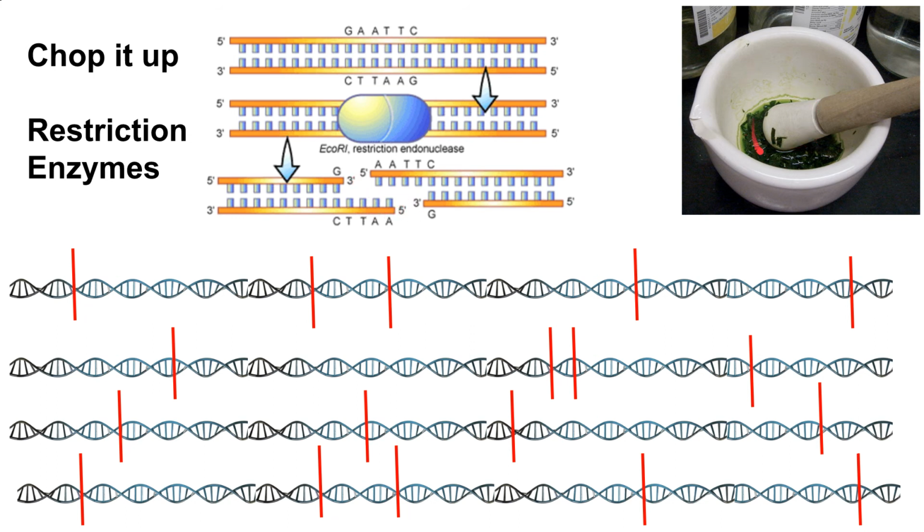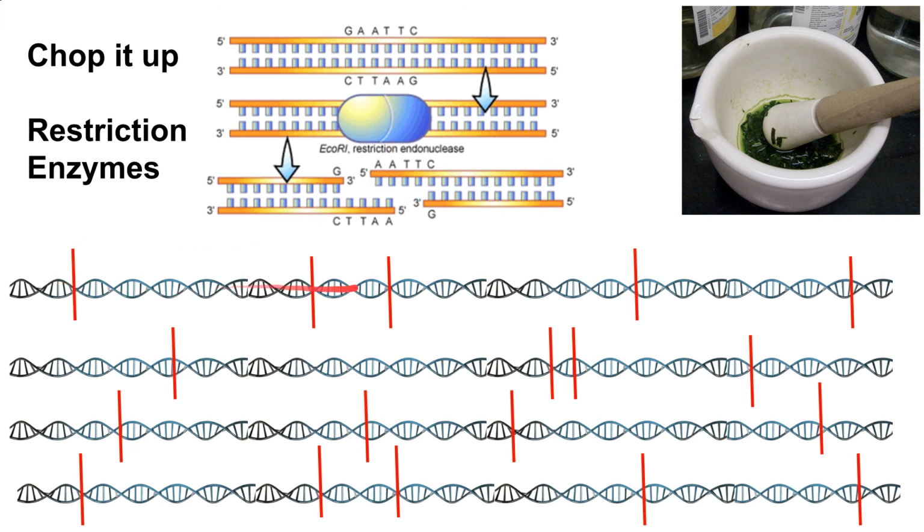And let's come back to paper chromatography for a second. We took the leaf, smashed it all up, added some solvent in order to basically take something that was one solid leaf and get those individual pigments on their own. So what we're doing here, when we have DNA, if we imagine this as like 4 samples of DNA here, this restriction enzyme, every time it finds this sequence, it's going to cut it.